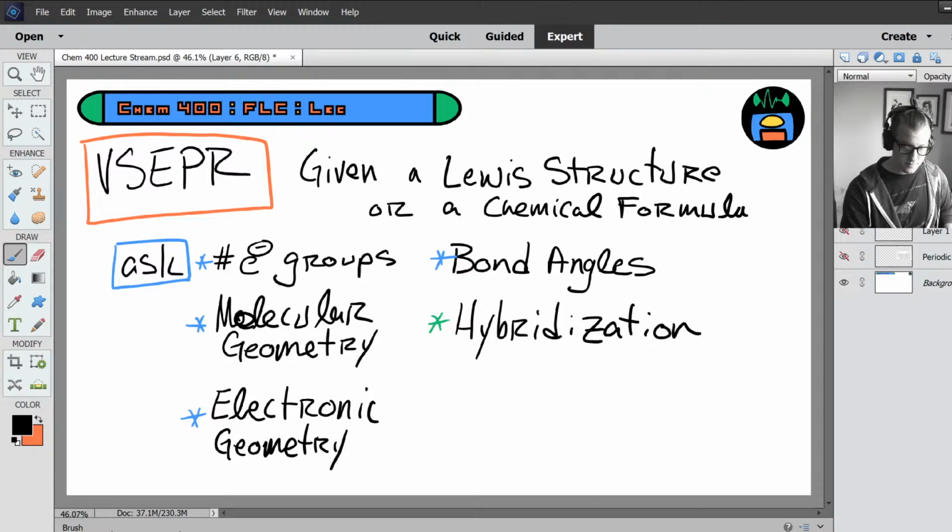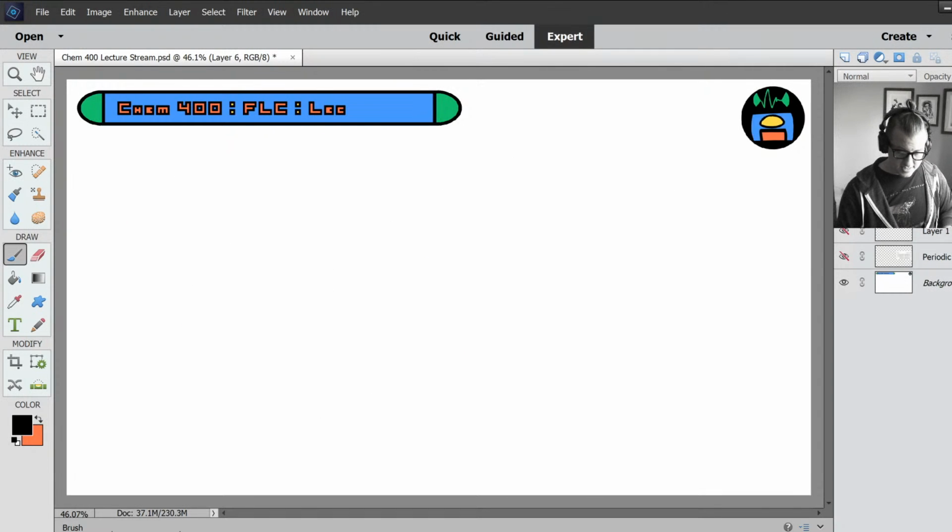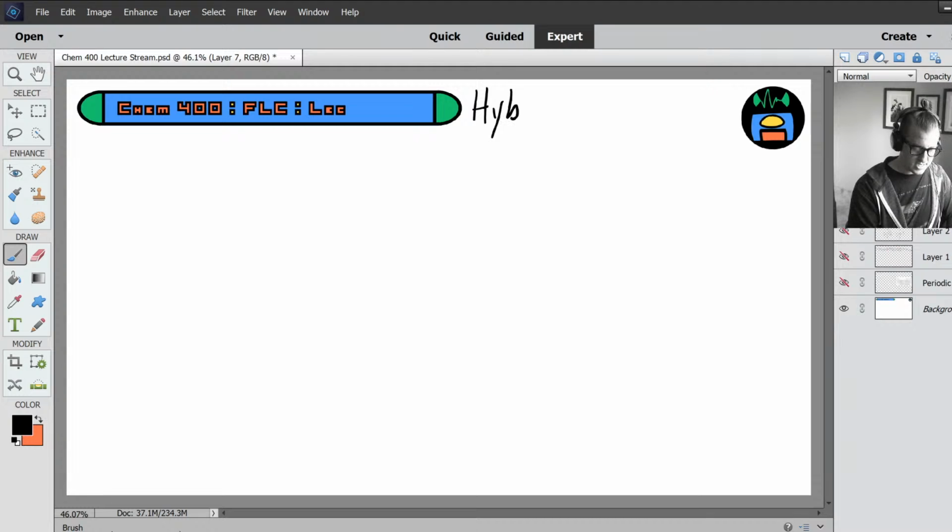All right, so that is VSEPR theory. Now we're ready to move on to this idea of hybridization. Hybridization is a part of what's known as valence bond theory.